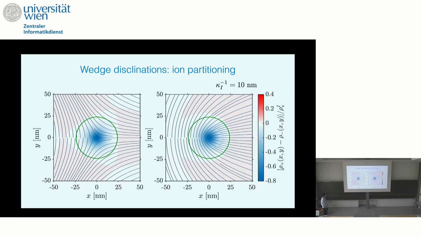So we looked at two types of defects. I never remember which one. One is a -1/2 defect, the other one is a +1/2 defect. Because of this ion partitioning effect, the ions prefer to be in the core of the defect. Why? Because the defect core is molten, so there is a preferential solvability for ions within the core.